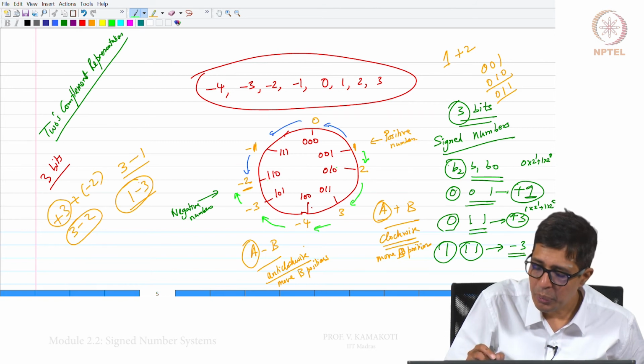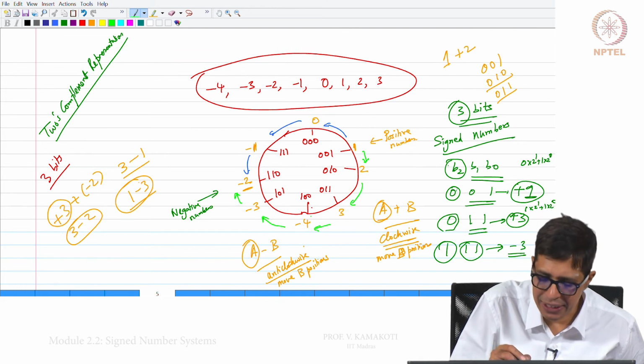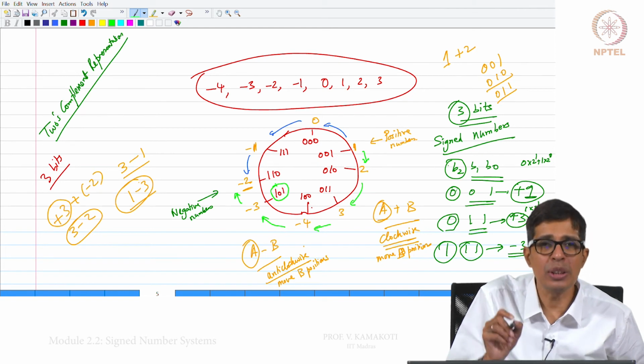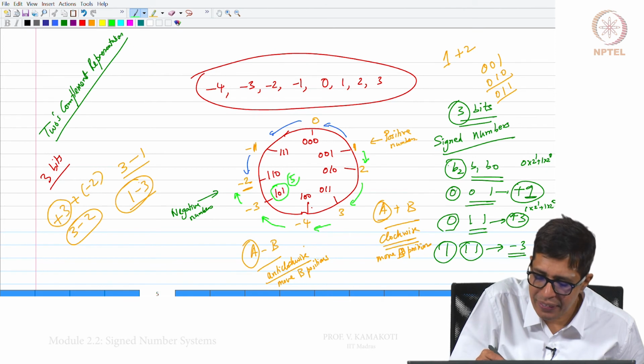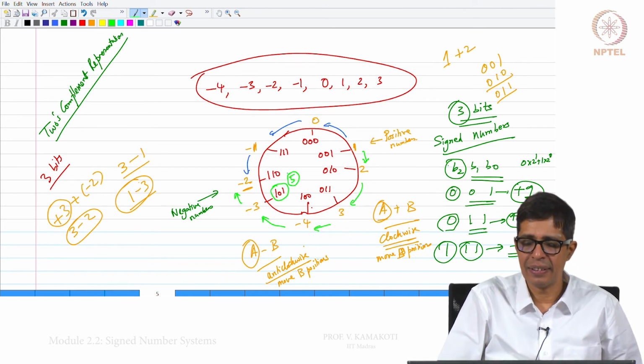Now, what is the binary representation of minus 3? 101. And what is 101? In decimal it is 5, right.